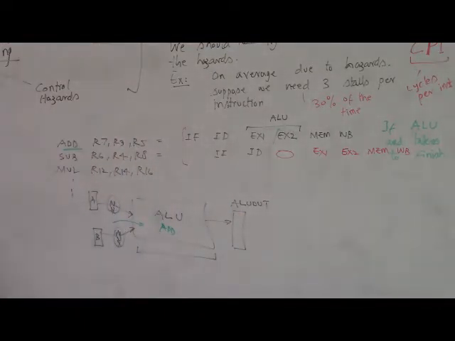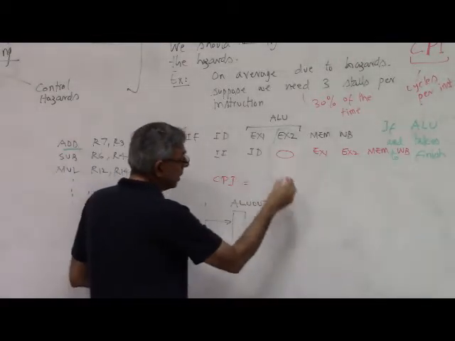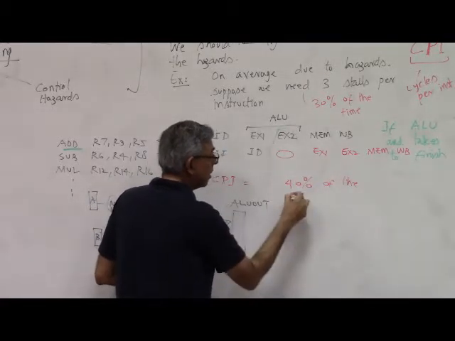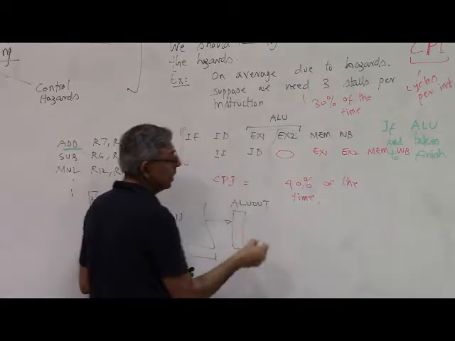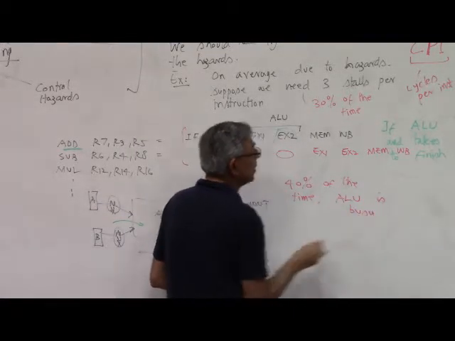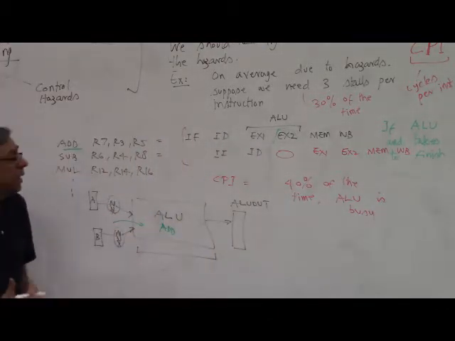So how is this going to affect our performance? The CPI. Let me assume that suppose 40% of the time we find the ALU is busy, so we have to put a stall or a bubble, meaning a delay.